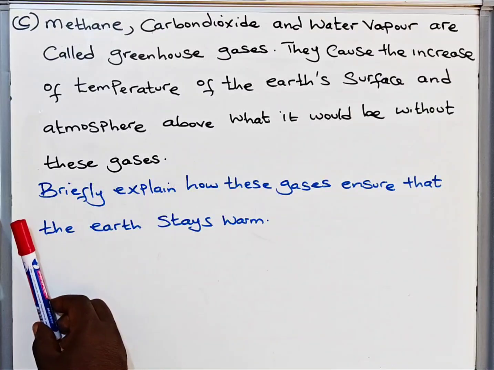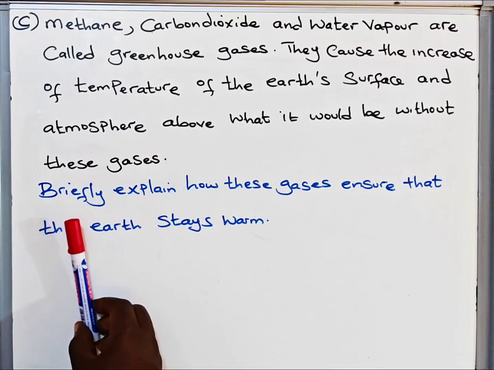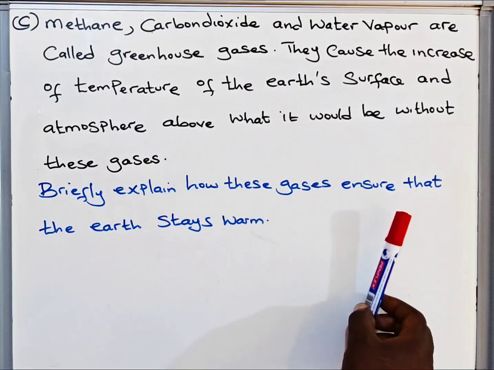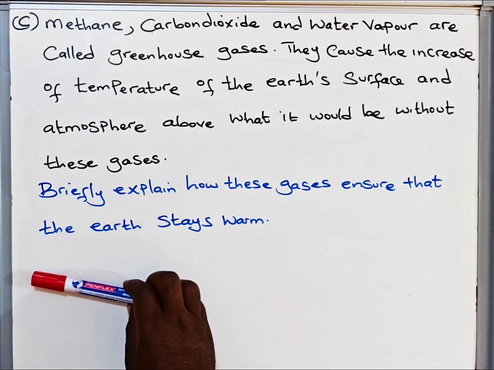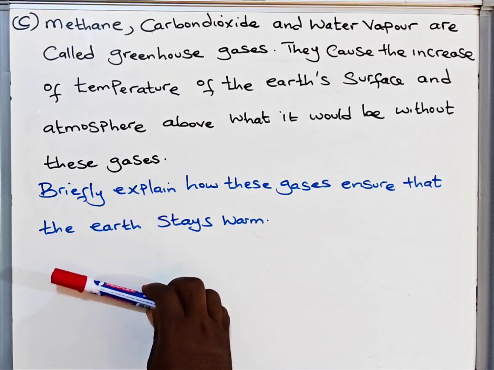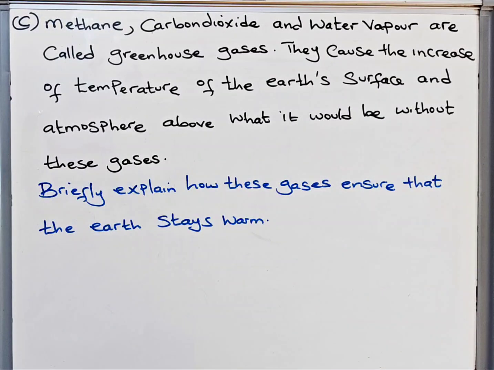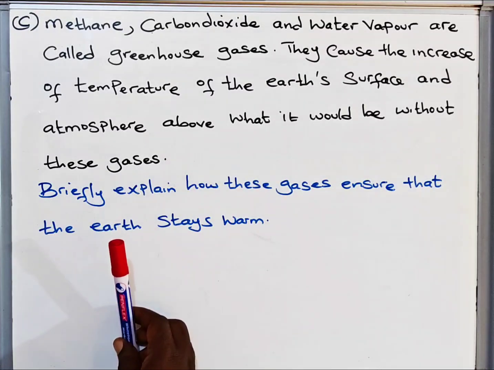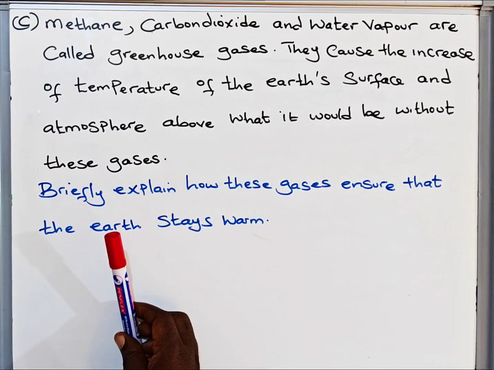And the question says, briefly explain how these gases ensure that the Earth stays warm. If these gases were not there, the Earth would be very cold, probably unbearable. So what tricks do these gases play to ensure that the Earth stays warm?